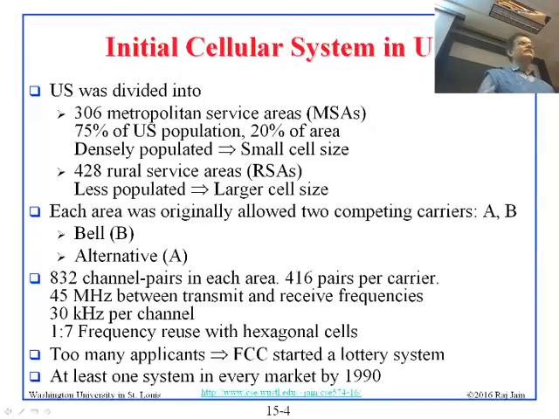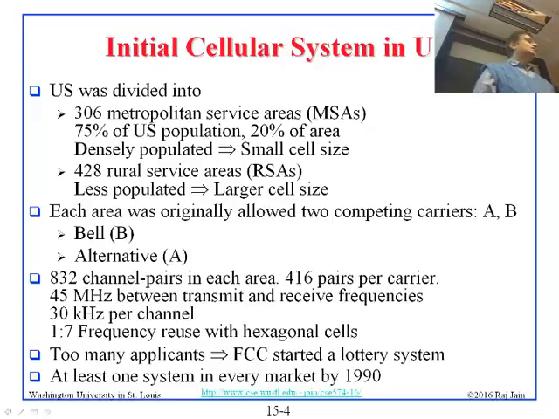2 companies can offer services, A and B, and they said we will give you 832 channel pairs. So channel is 30 kilohertz. This all came out from the experiment before, that we need 30 kilohertz to send 64 kilobit voice. The voice was 64 kilobit in those days.